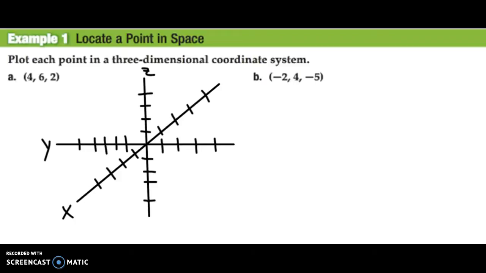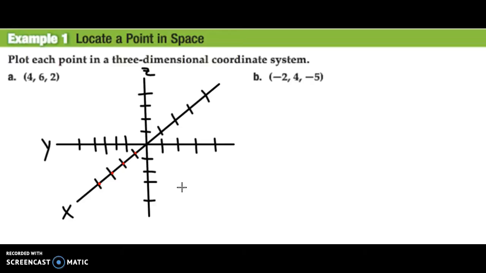So I'm going to go forward 1, 2, 3, 4 spaces. Then I'm going to go over 6 spaces. Now here's what's a little bit goofy about it, is the fact that you actually have to go over 6 from right here, not over starting at 0. So I'm going to count over 1, 2, 3, 4, 5, 6 is right there.